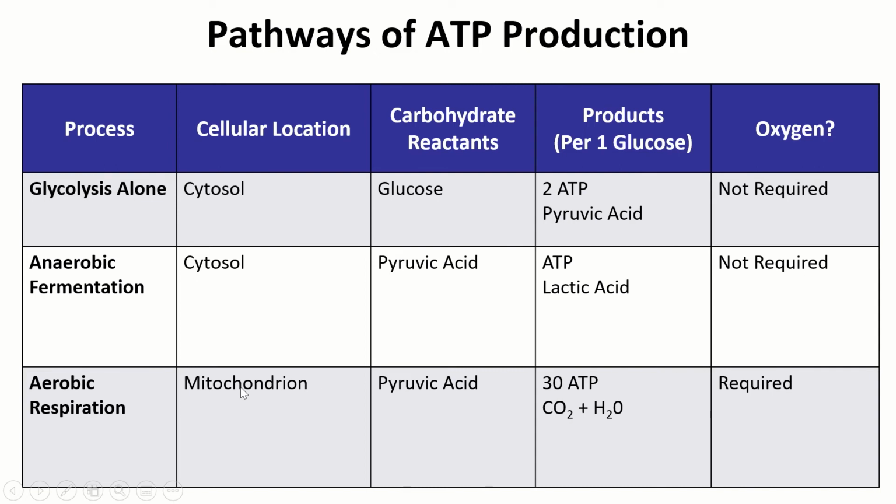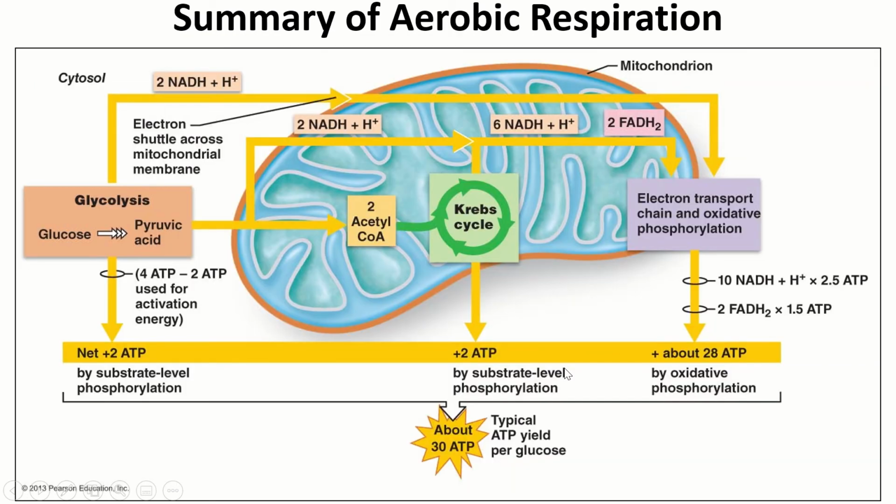With glycolysis, it's going to break down glucose into 2 ATP net and 2 pyruvic acid. Anaerobic fermentation will take pyruvic acid and convert it into lactic acid, generating ATP in the process. And of course, aerobic respiration begins with the pyruvic acid from glycolysis, and it's going to generate carbon dioxide and water and generate somewhere around 30 to 34 ATP.